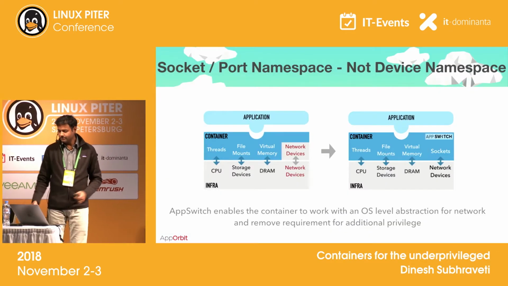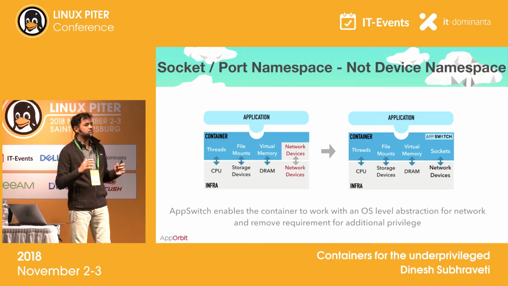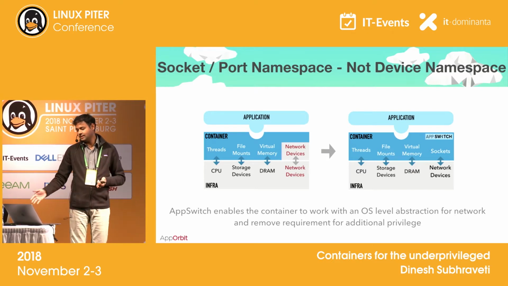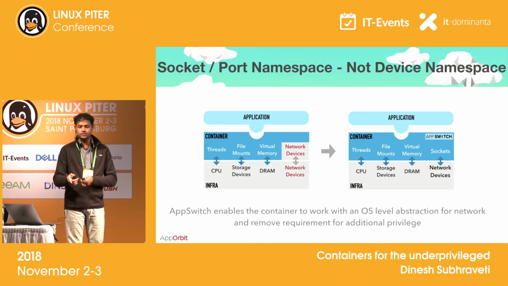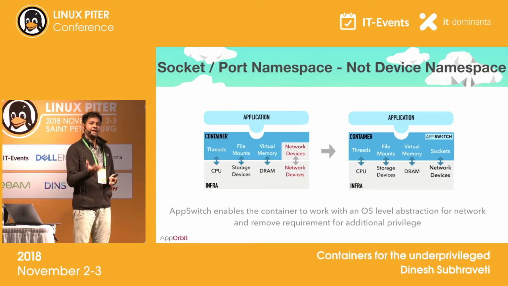Basically what AppSwitch does is it creates a socket namespace, if you will, or a port namespace. I'll talk about the details of how exactly this happens. By the way, the implementation is completely in user space. It doesn't require any kernel patch. I'm going to do a demo in a little bit. It is actually one static binary.